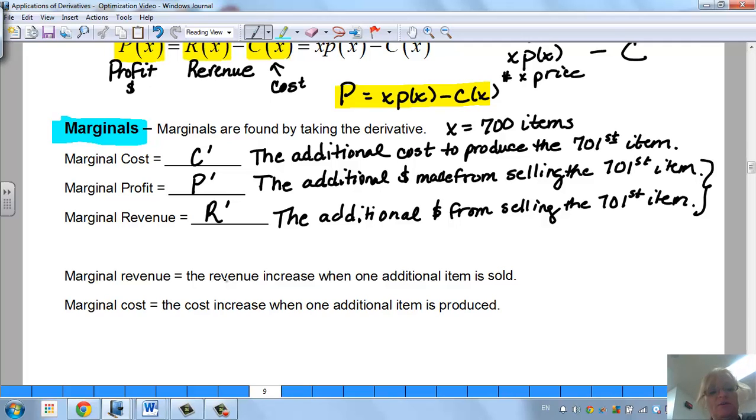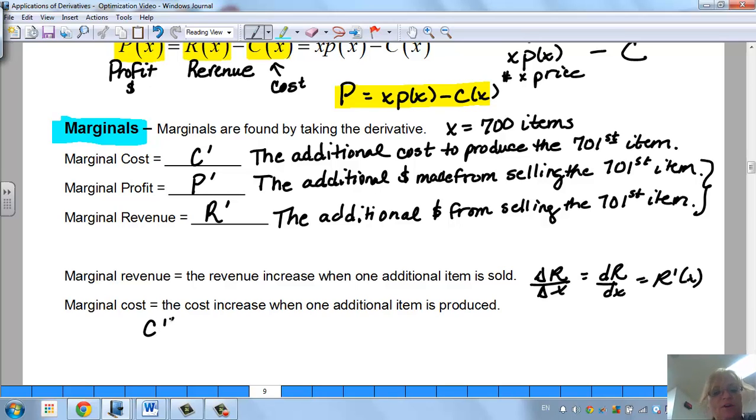Marginal revenue equals a revenue increase when one additional item is sold. Marginal cost is the cost increase when one additional item is produced. Okay, so if you look at it, it's the change in revenue over the change in items, or dR/dx, or we also will see it as R prime of x. Okay, so that's the change in items.